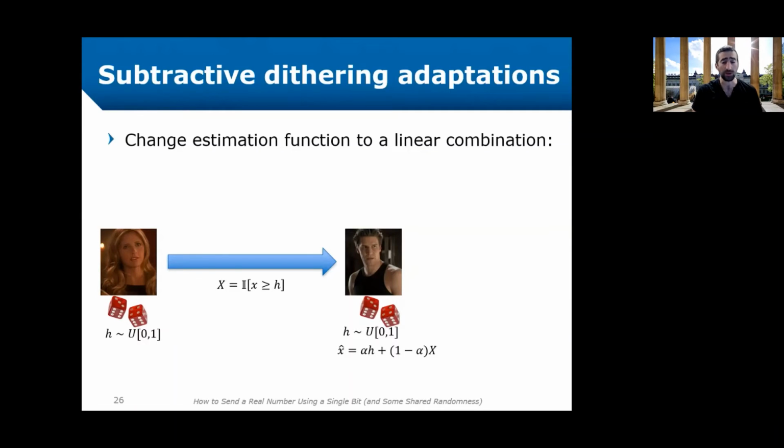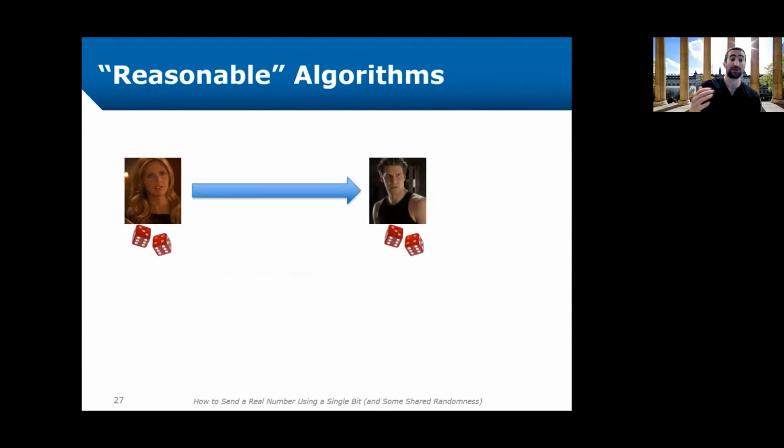So if we optimize this weight alpha, we can actually get a cost that's already much better than deterministic rounding.